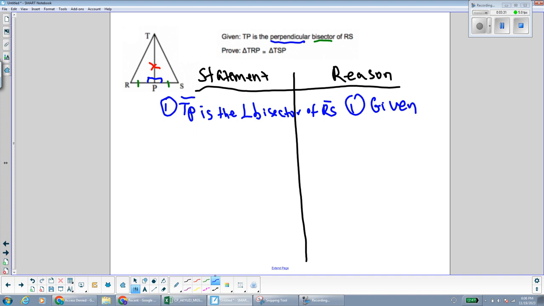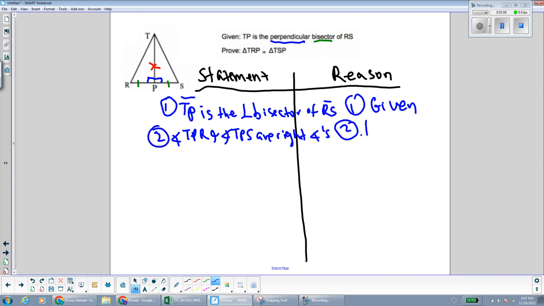From there, I'm going to put the conclusions that we drew from knowing that we have a perpendicular bisector. The first conclusion that we drew is that these angles are both right angles. Angle TPR and angle TPS are right angles.